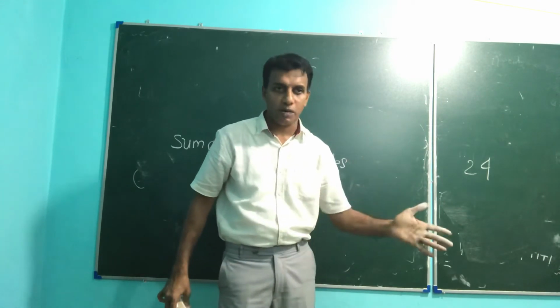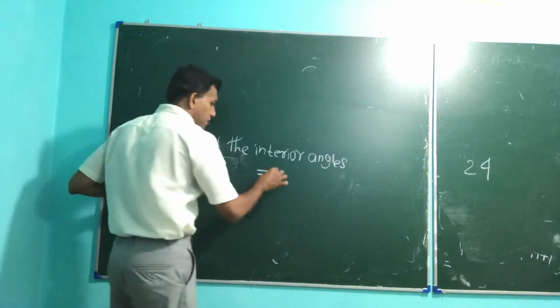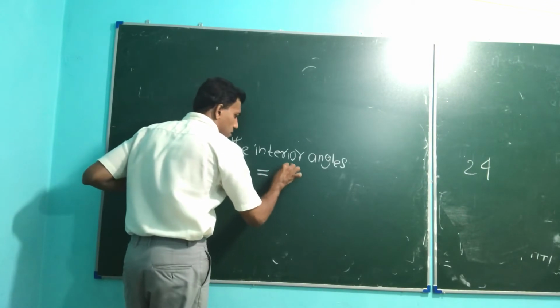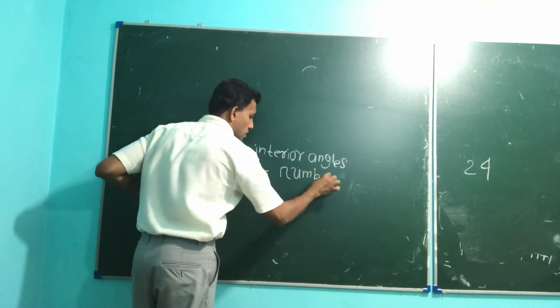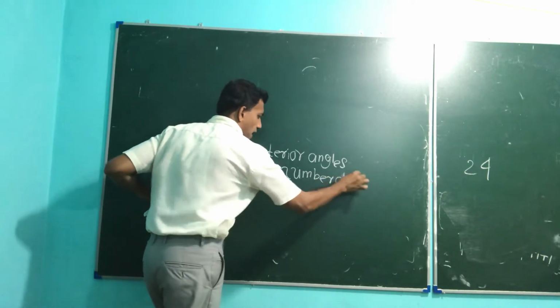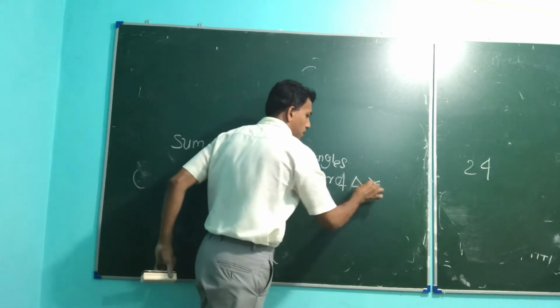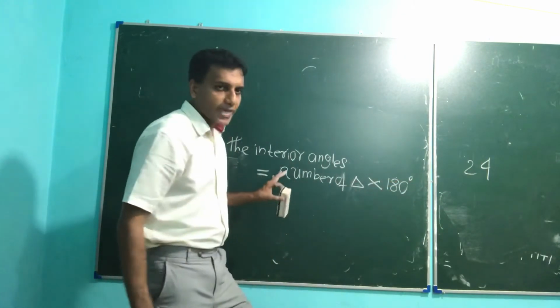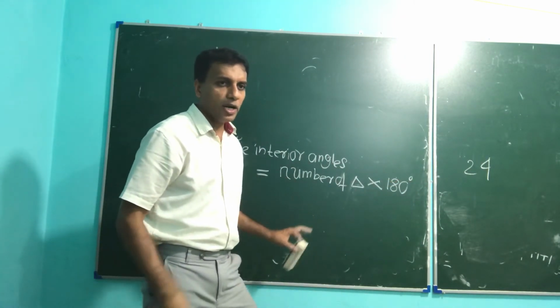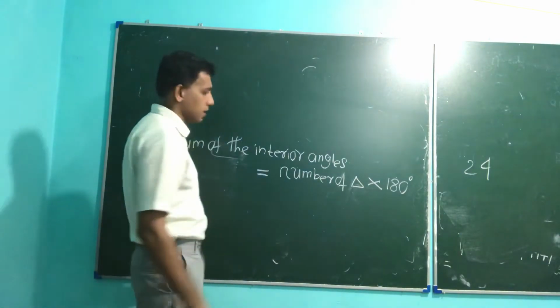Okay, so can I write it very first? Number of triangles multiplied by 180 degrees. That's the standard formula in the second method, right?